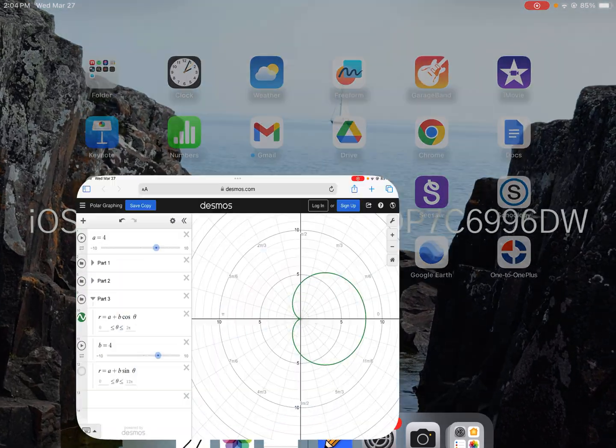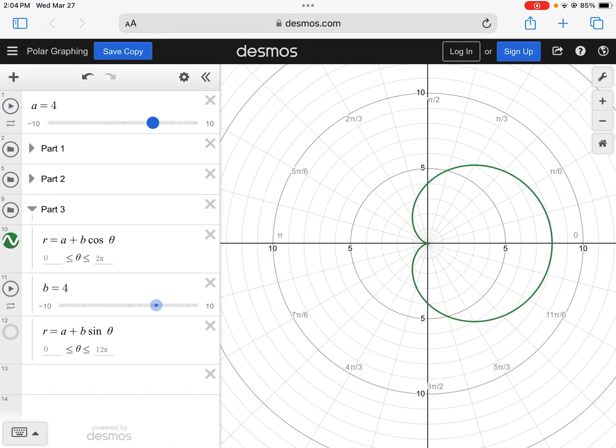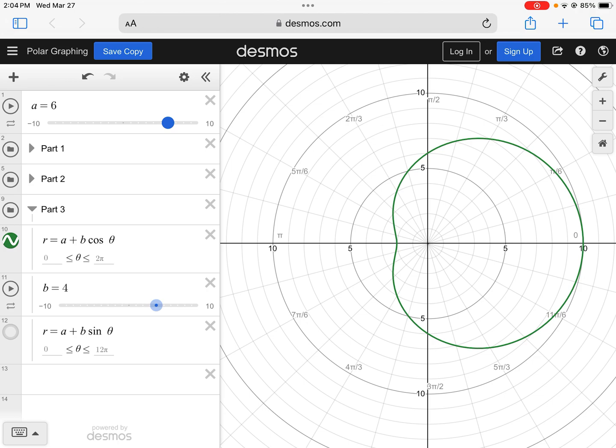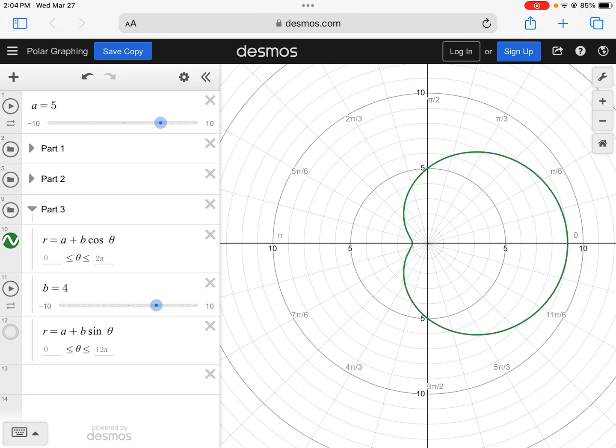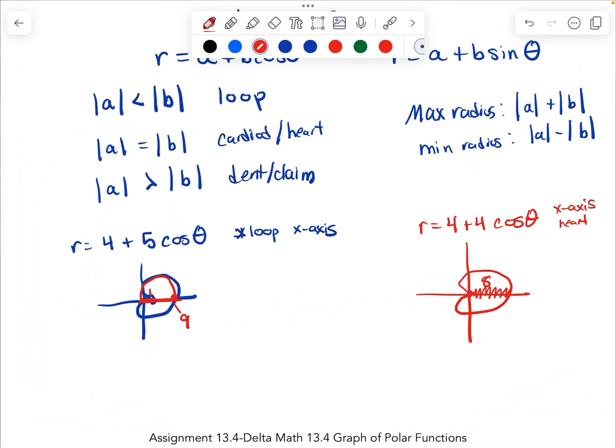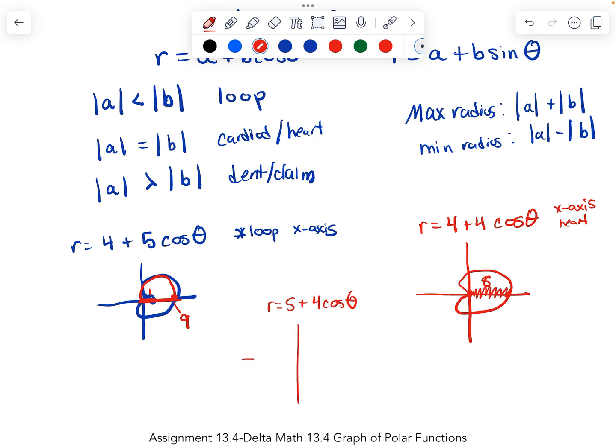And then let's look when A is greater. So we have 5 and 4, so we can see it's kind of that little dent. And again, our max radius, 4 plus 5, is 9. And if we subtract it, it's 1. So what did we have there? We had r equals 5 plus 4 cosine of theta.